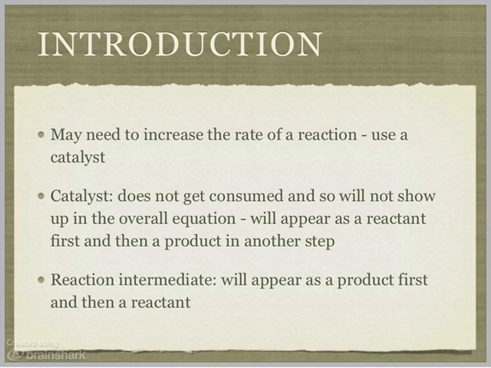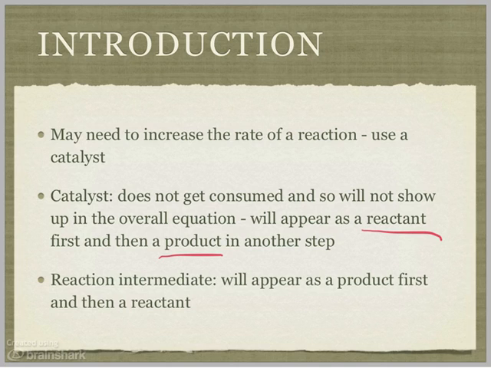Now, I know I mentioned previously that one way you can determine whether or not you had a catalyst in a reaction is that usually you write them over at the yield arrow within an equation. Another way to look at that, though, if you're dealing with a reaction mechanism, is that you'll see a catalyst appear within one step, usually as a reactant, and then within another step as the product.